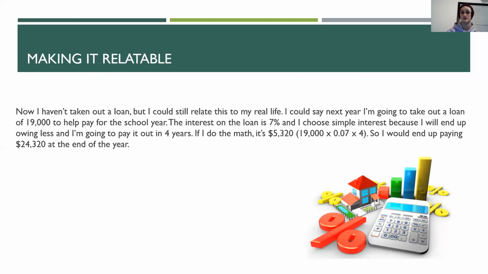If I do the math, the interest I'm paying ends up being $5,320, and you can see the problem beside it to show how I got that answer. So at the end, I would end up paying $24,320 because of that interest add-on.